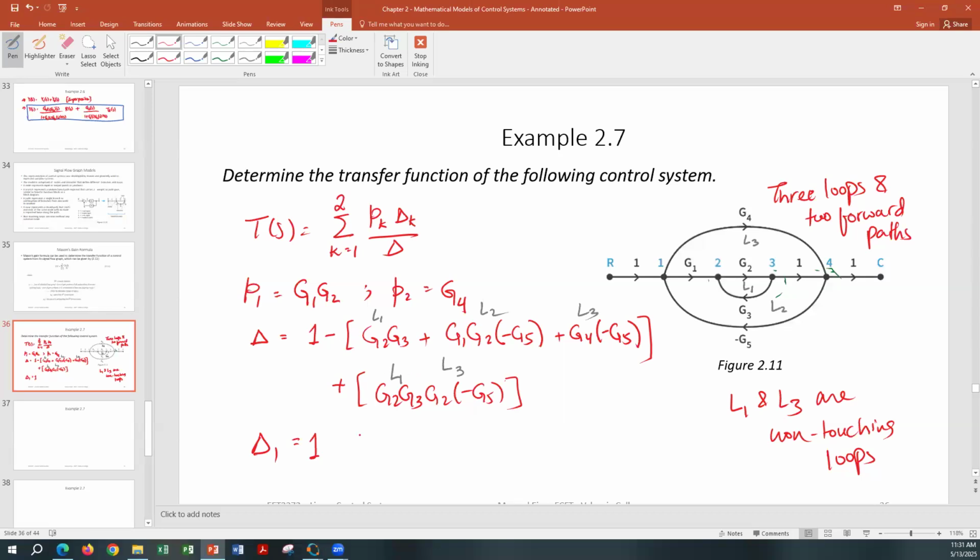So delta 1 is 1, and delta 2 is 1 minus the gain of L1, which is the only loop not touching the second forward path from R to C. So 1 minus the gain of L1, G2 and G3.